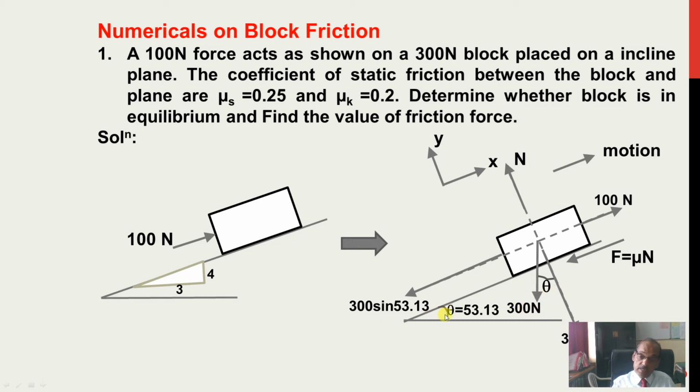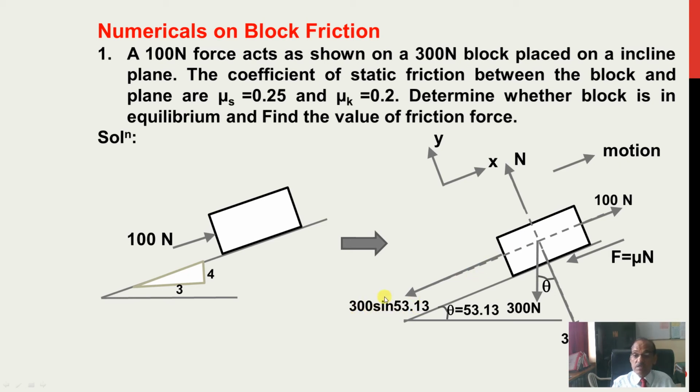You see, this angle is theta, then the angle made by this 300 Newton with its normal is also theta. If you want, you can draw it on paper and check. Now this 300 Newton, if I resolve, the component along the normal will be 300 cos 53.13 Newton, and the component parallel to the inclined plane will be 300 sin 53.13.